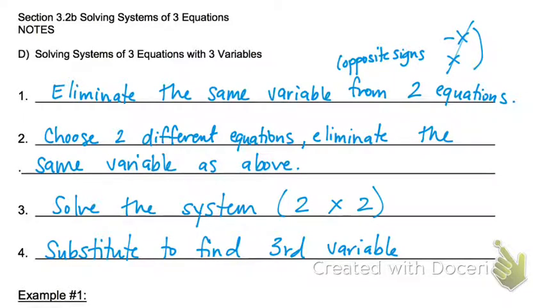A little bit of a combination of both is going to be key. The whole premise is you're trying to get rid of the third variable, so that's what steps 1 and 2 are doing. Then step 3 is just like what we did in the last set of notes, the 3.2 stuff. Then once you get those 2, you're going to go back and find the third variable. Wow. So you get rid of it, you solve, then you come back to it.